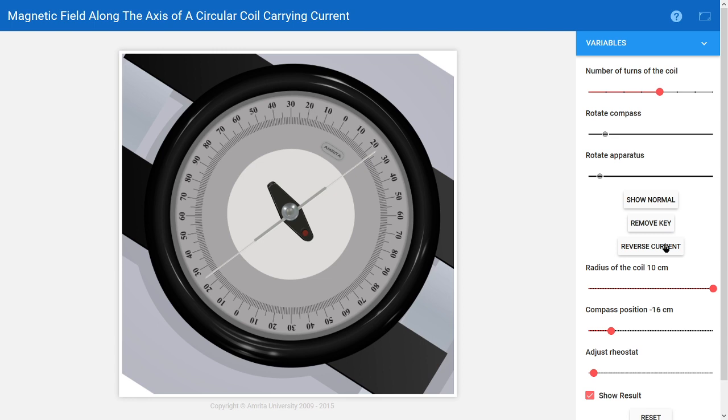So we are at this minus 16 position. This is the θ5, θ6, θ7, θ8. Now I have to direct it, then going for the plus 16. This is the θ1, θ2, reverse the current, θ3 and θ4.